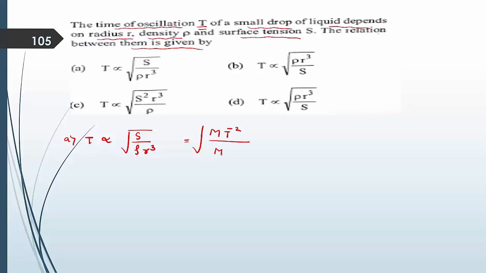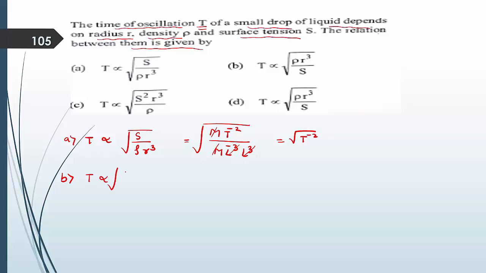It is having dimension M L raised to minus 3, into R, which indicates length, L cube. Or we can write M and M will get cancelled. L raised to minus 3, L raised to plus 3 will get cancelled. Root of T raised to minus 2. We will get the answer. Then option B.